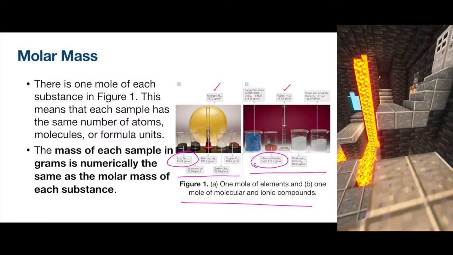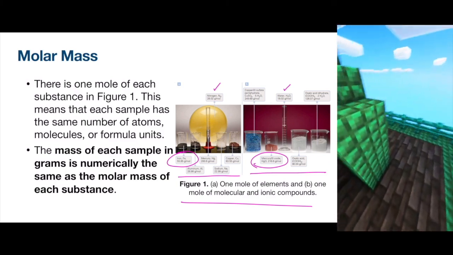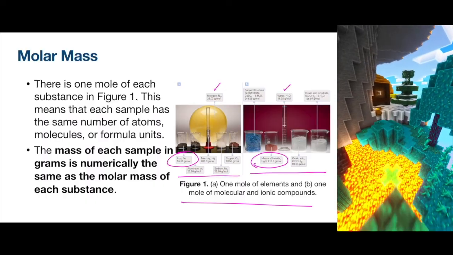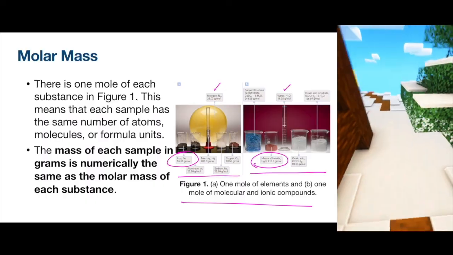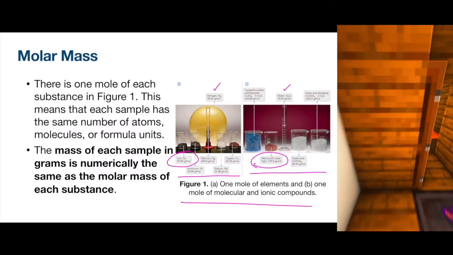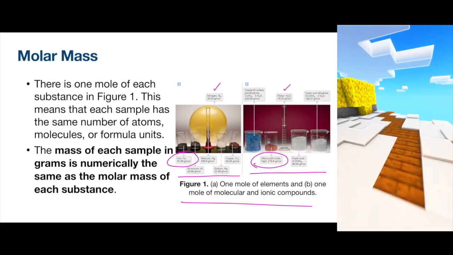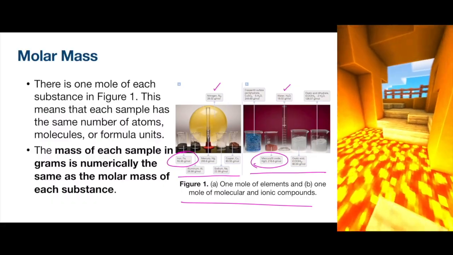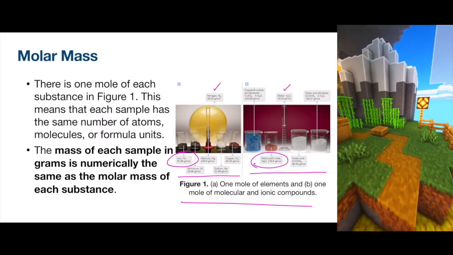Moreover, 1 mole of a lighter substance has a smaller mass, while 1 mole of a heavier substance has a larger mass. This highlights an important idea. A mole always represents the same number of particles, but the mass depends on what those particles are made of. That's why molar mass is so useful. It tells us how heavy 1 mole of any substance will be.